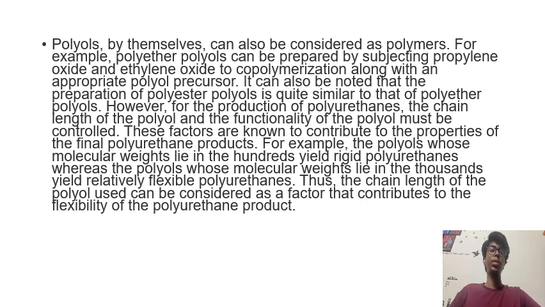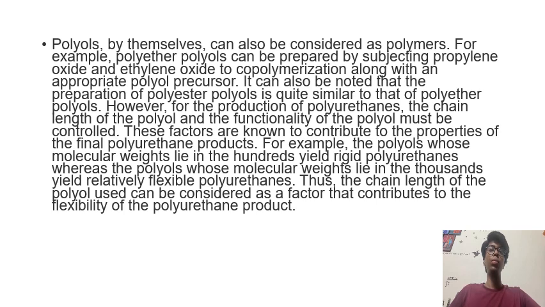Polyols by themselves can also be considered as polymers. For example, polyether polyols can be prepared by subjecting propylene oxide and ethylene oxide to copolymerization along with an appropriate polyol precursor.